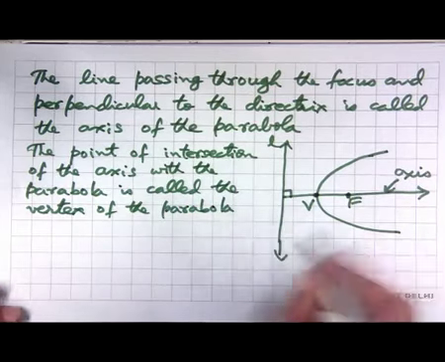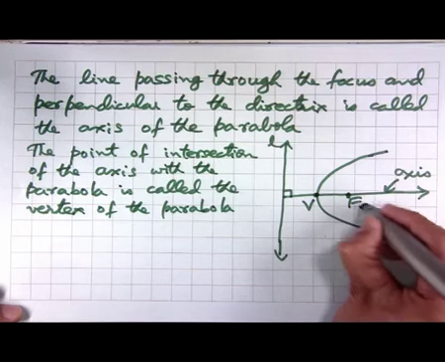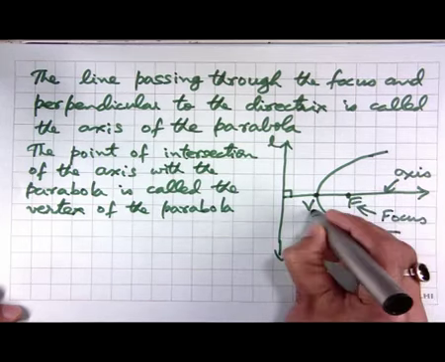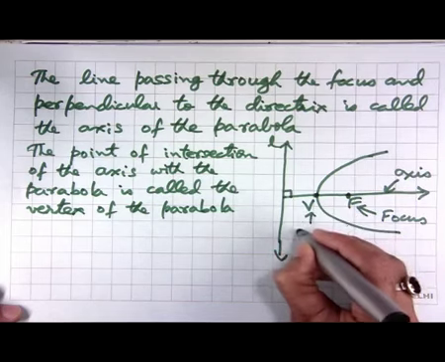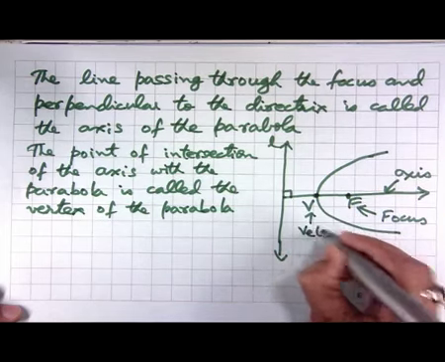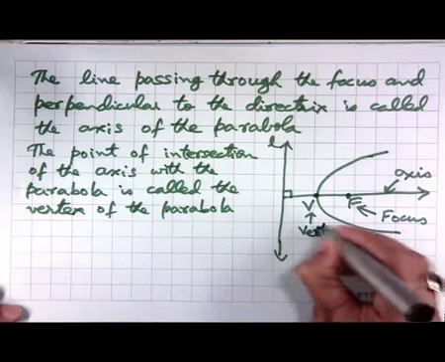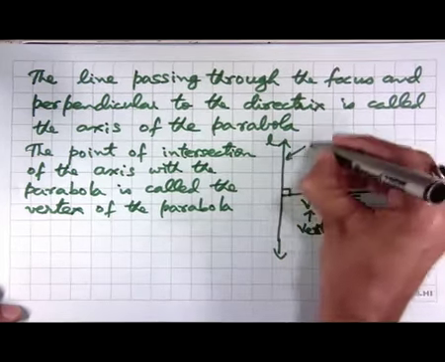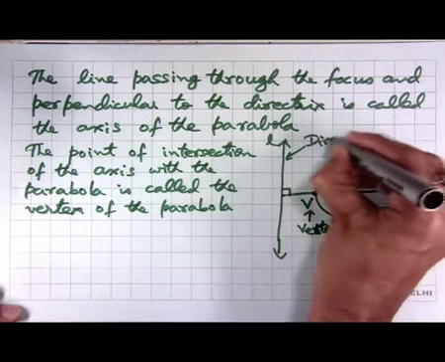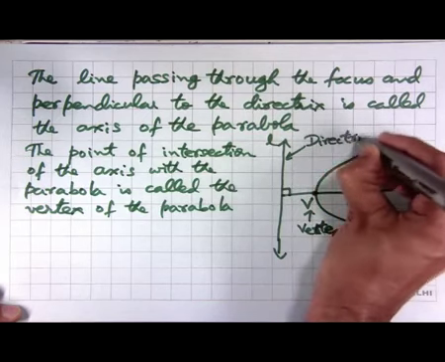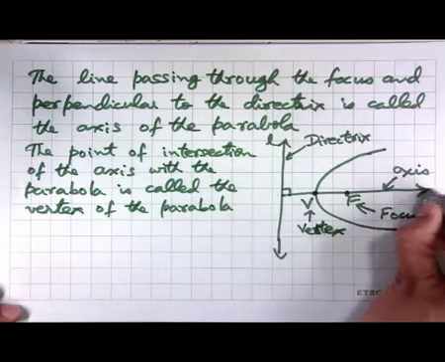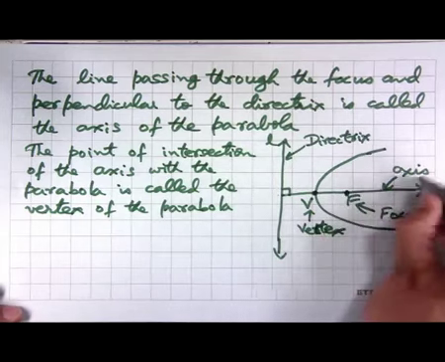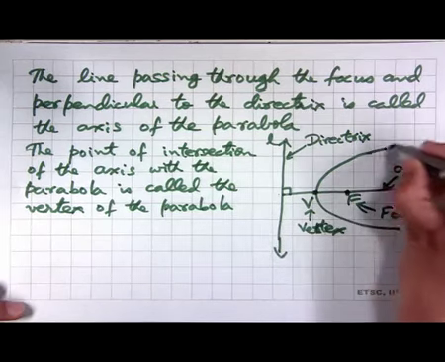So, we have axis, this is focus, this V is the vertex, this line is called the directrix, and this line which is perpendicular to the directrix and passes through focus is called the axis of the parabola.